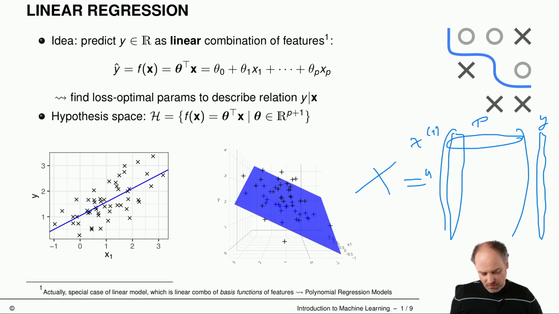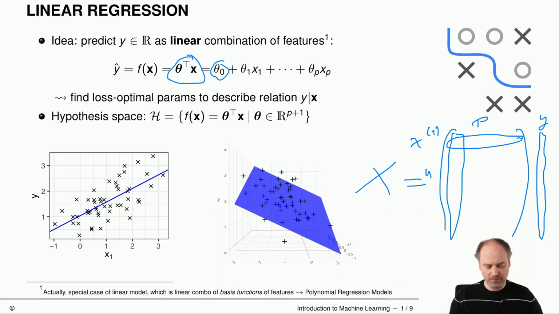The linear regression model does that by adding in a constant offset, which we also call the intercept, and then we simply do a scalar coefficient times the feature value plus a scalar coefficient times the feature value plus a scalar coefficient times the feature value. And if we want to, we can also write this in very compact notation.